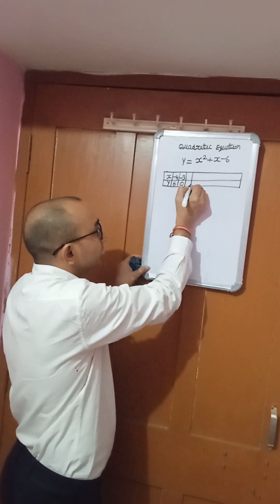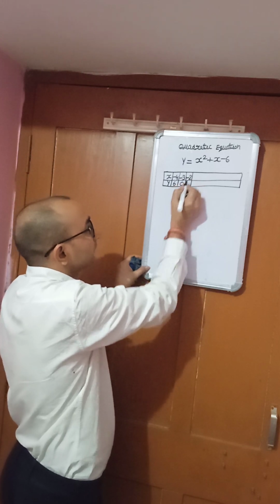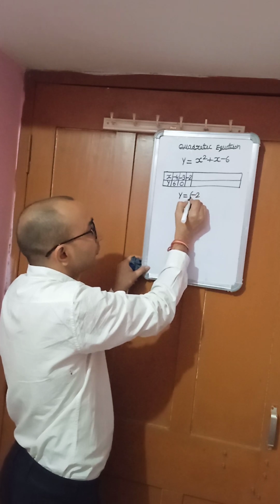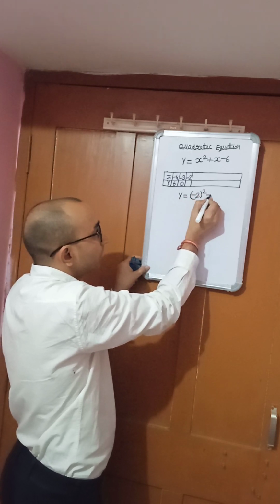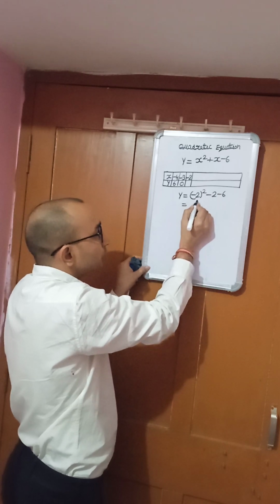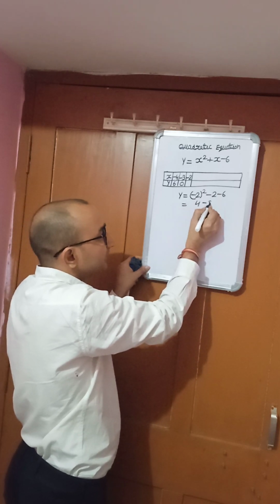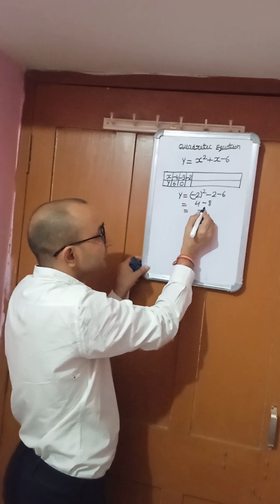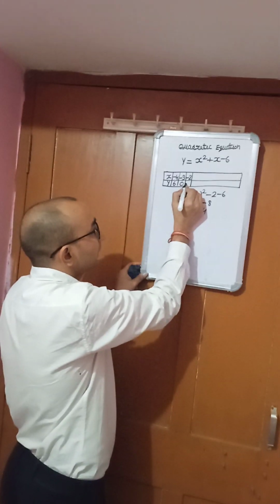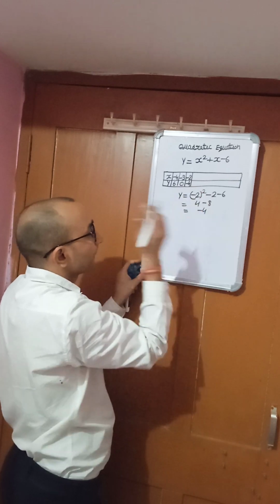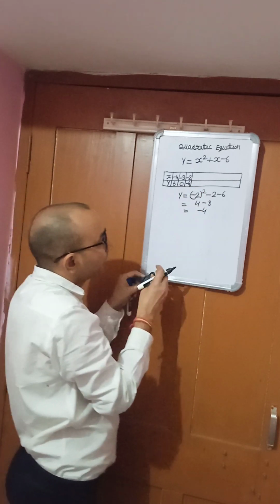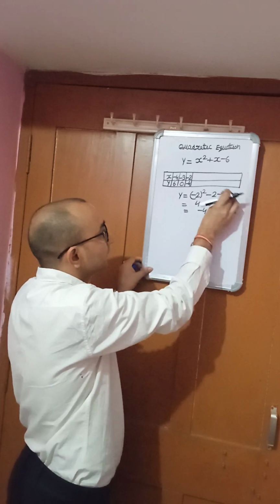If we put minus 2, then y equals minus 2 whole square plus minus 2 minus 6, means 2 2 is 4, minus 8, this becomes minus 4. So write here minus 4.